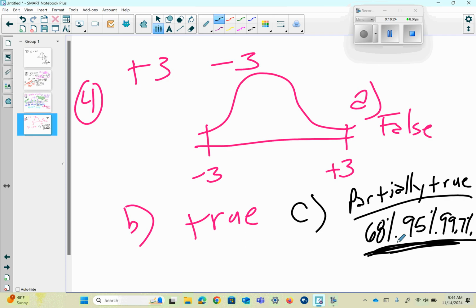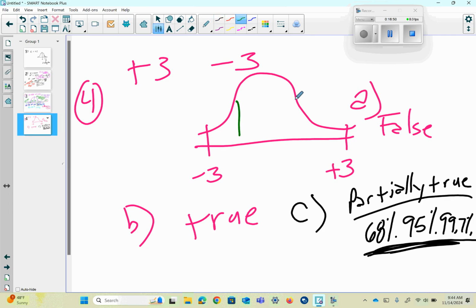So yes, you want your mean and median to be the same. Does it provide strong evidence? It's not really strong evidence. It is evidence, but there's other things that you also need to consider. Letter D, 86% of data will lie within 1 standard deviation above and 1 standard deviation below the mean.